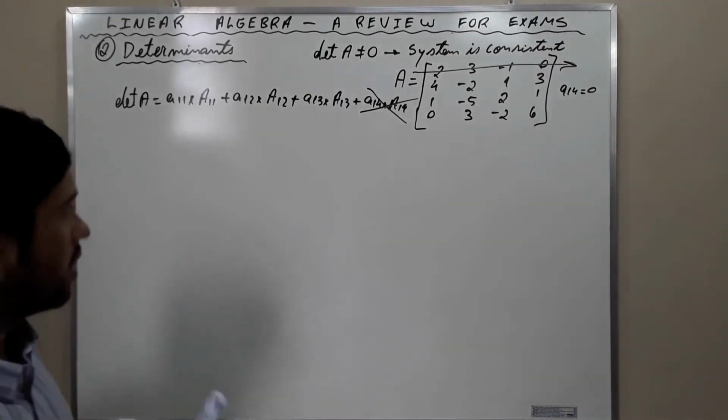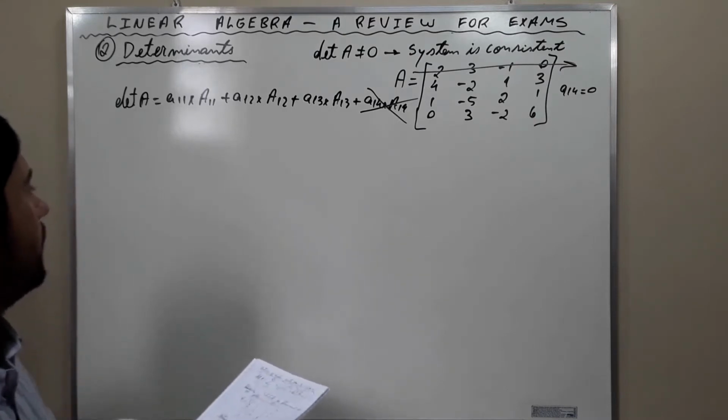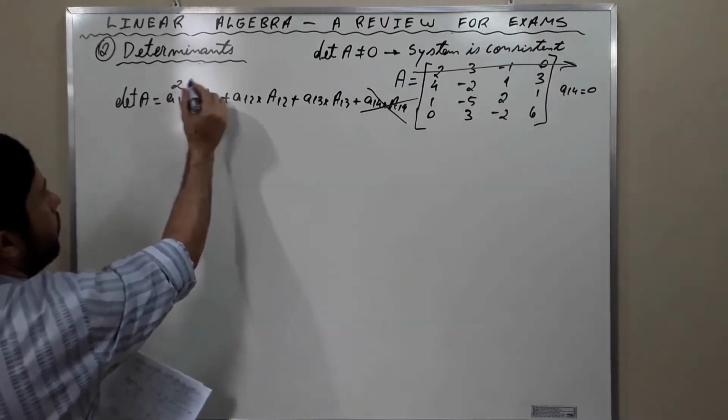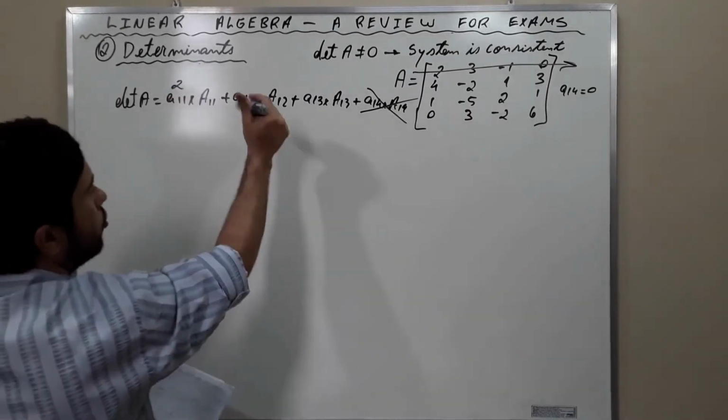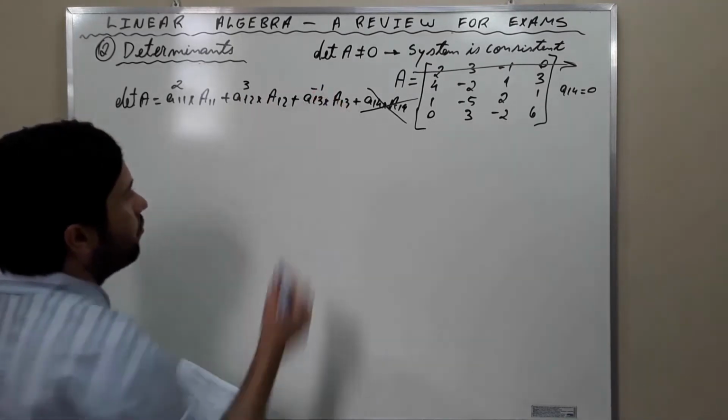Alright? Okay. Now the determinant is going to be: a11 is 2, a12 is 3, a13 is -1.